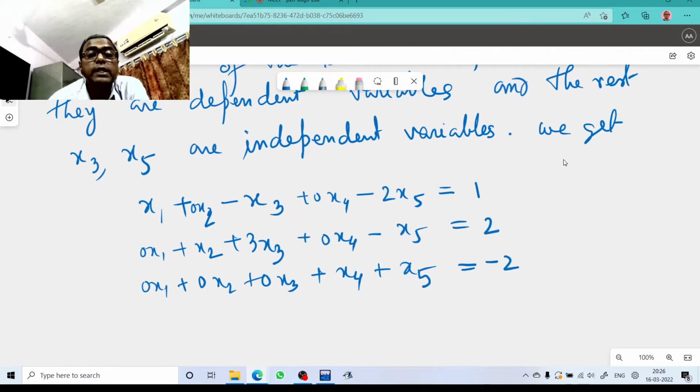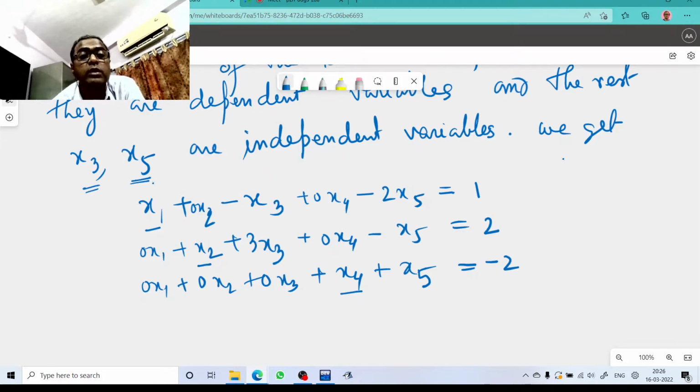So here x3 and x5 are independent variables, and the other variables, that is x1, x2 and x4, are dependent variables.